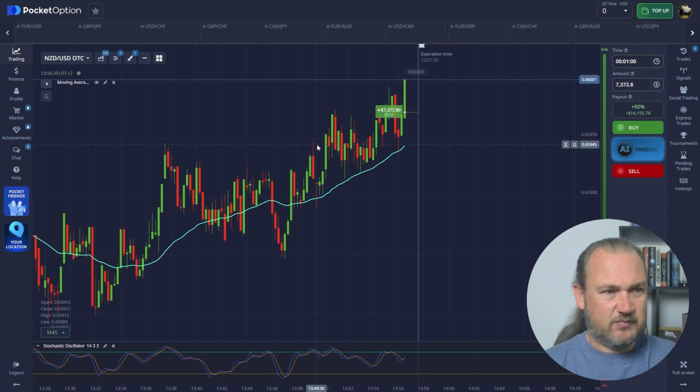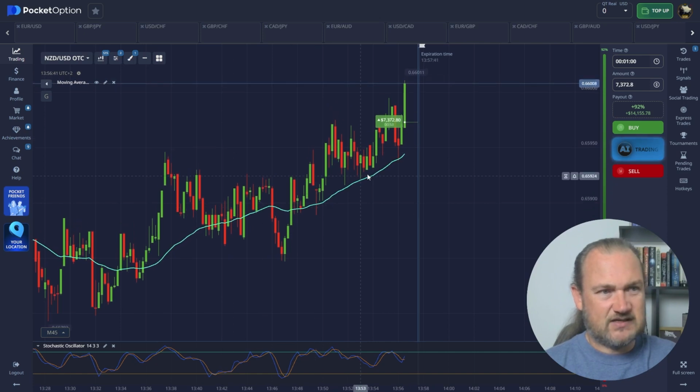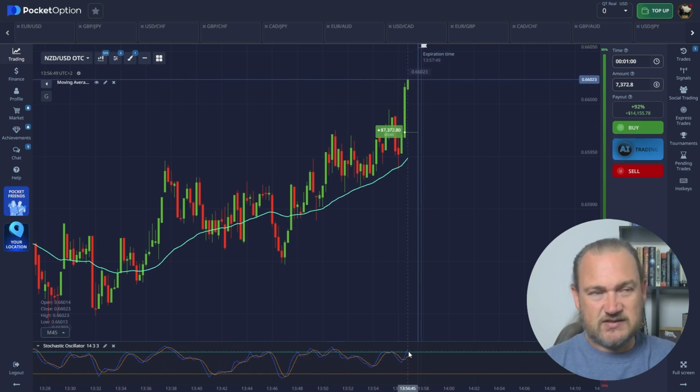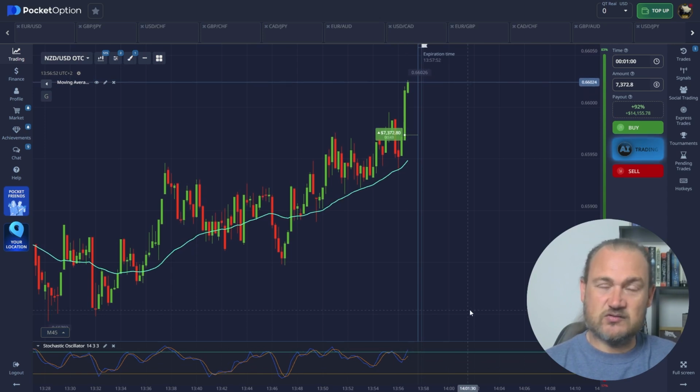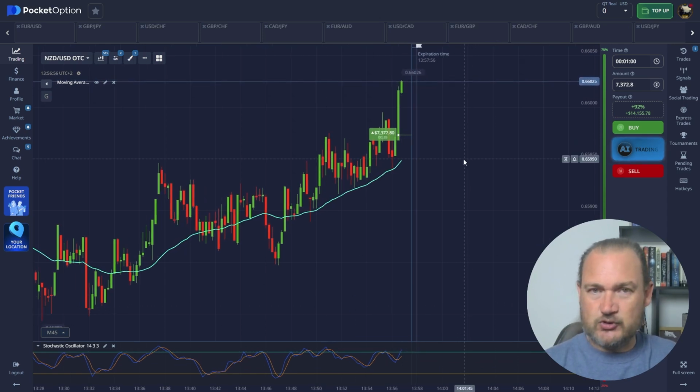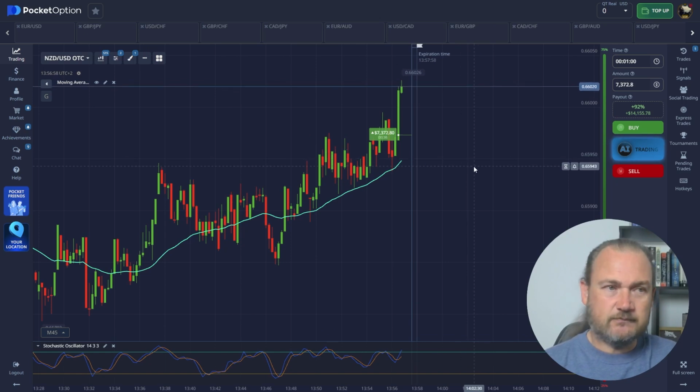We did get this little dip through here, but it basically stayed above the moving average. My stochastic was coming down and turned back up before we even hit the 50 level. So it's heading back into the overbought area, telling me that we should see a push coming.